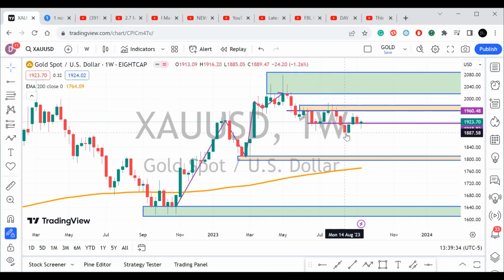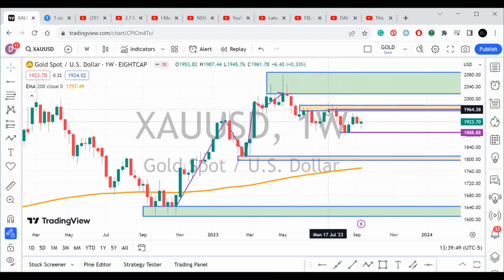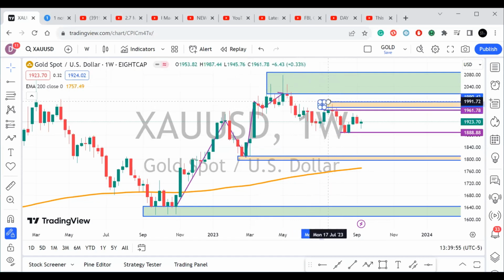We have just had a new low. So from here to here is now our current structure, no longer here. And this gives us a new weekly low and a new weekly high. So this is the zone, but the current structure will be here.